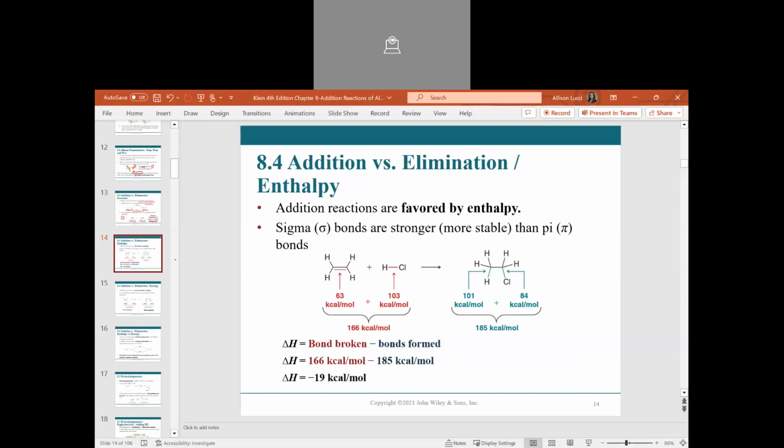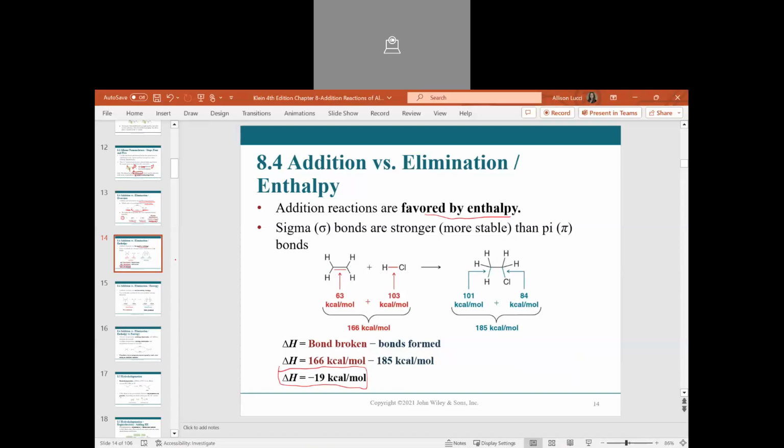Based on the energy for the bonds broken, after subtracting the energy that's released when the bonds are formed, we see that an addition reaction is favored. The enthalpy term is favorable.